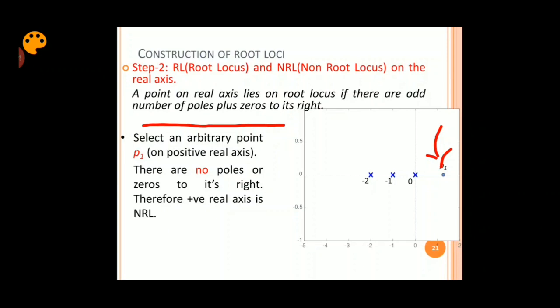In this case for P1 there are no poles or zeros to its right. So the number of poles plus zeros is 0. The number of poles plus zeros has to be odd to make it RL. So in this case there are no poles or zeros, therefore this entire section of the real axis will not be on RL. That means it is NRL. Clear?